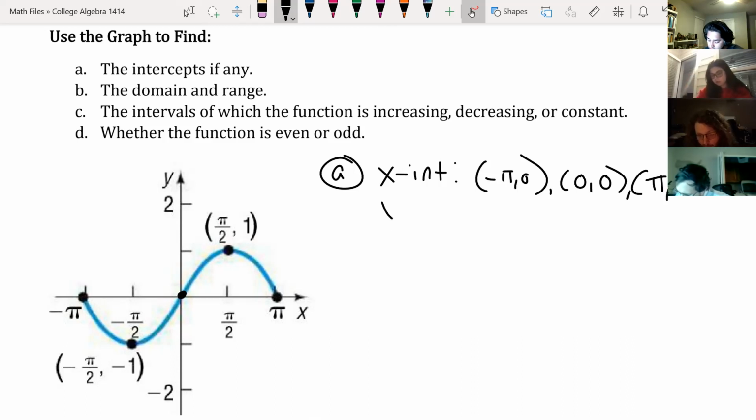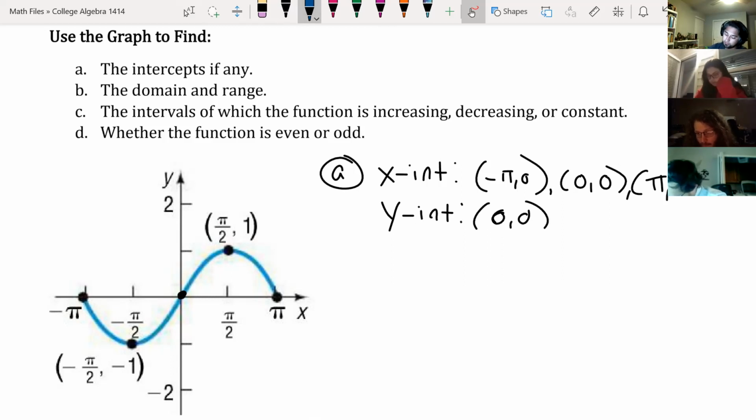Okay. Where would my y-intercept be? Zero. There you go, 0, 0. Perfect. And then B, the domain and range. Where would my domain start? What x value?